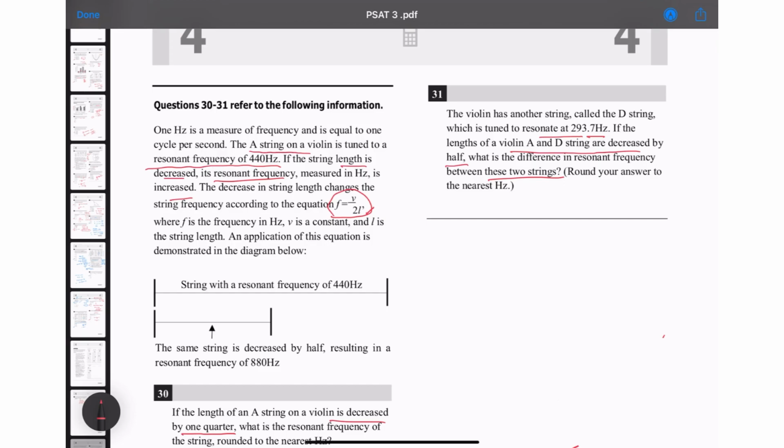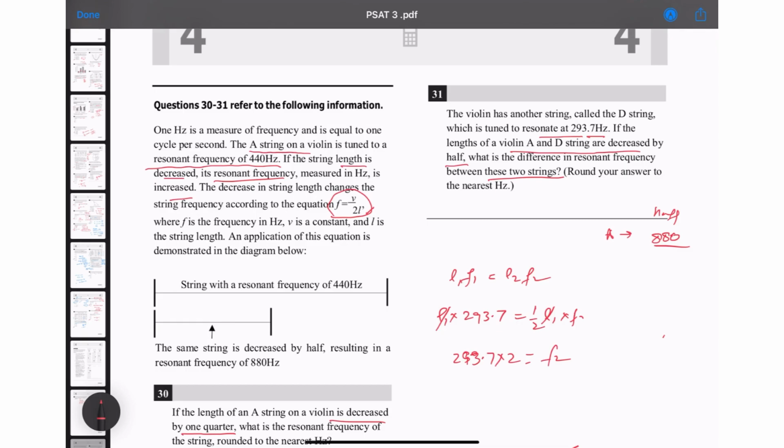So here, when A is decreased by half, the frequency becomes 880. Now for D, when decreased by half, we again use L1 F1 equal to L2 F2. Here the starting frequency is 293.7 hertz equals half of L1 into F2. So when we find the frequency, I get 293.7 times 2, which is equal to F2.